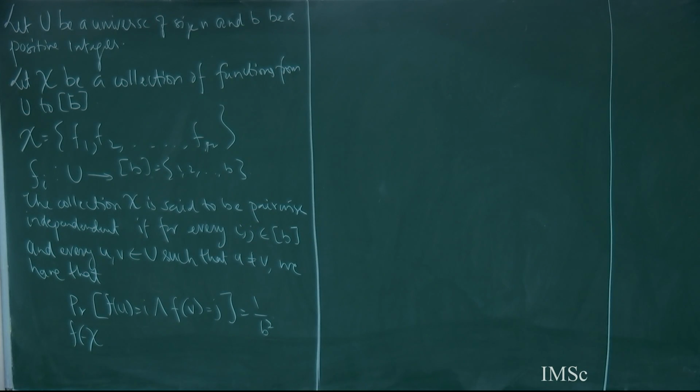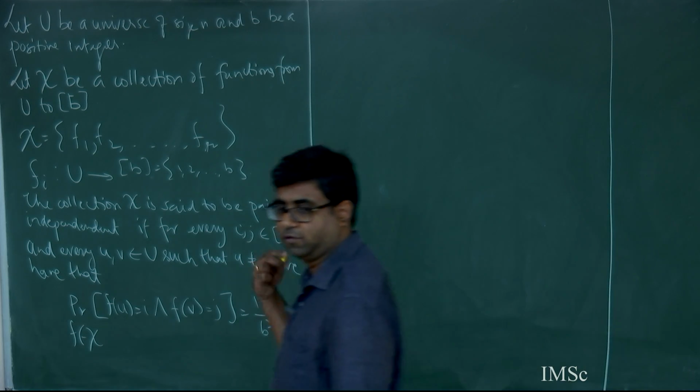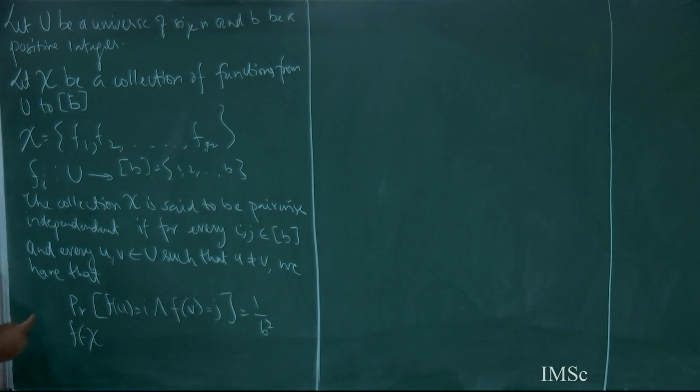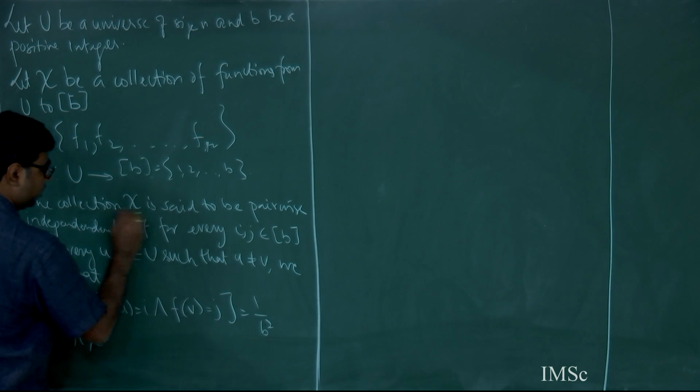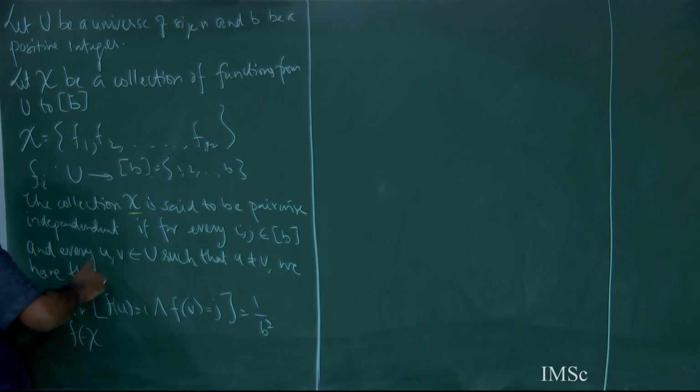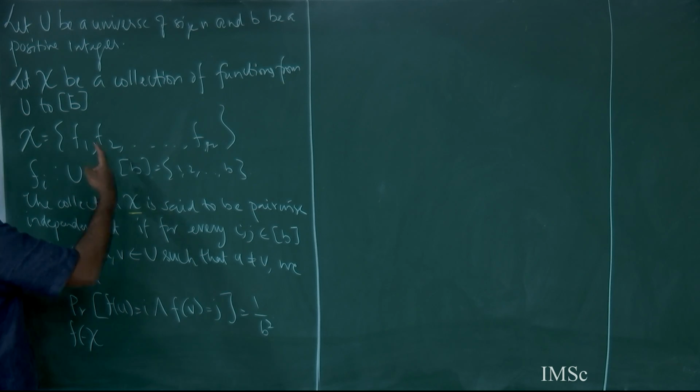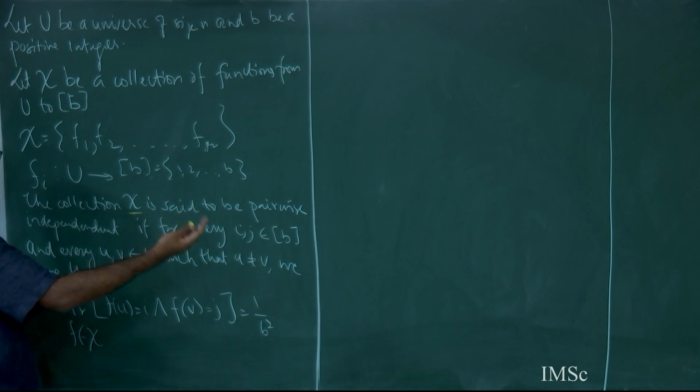Okay. So when you pick a random function, your chi is nothing but the space of all functions from the universe to B, right. But now I am defining it with respect to a particular family, the collection chi. When we were taking a random function, chi was all functions from U to B from where you are sampling.